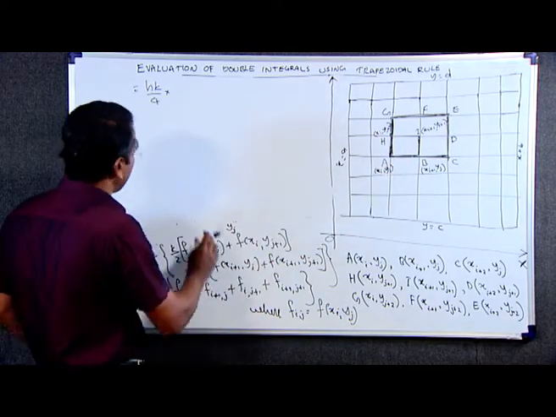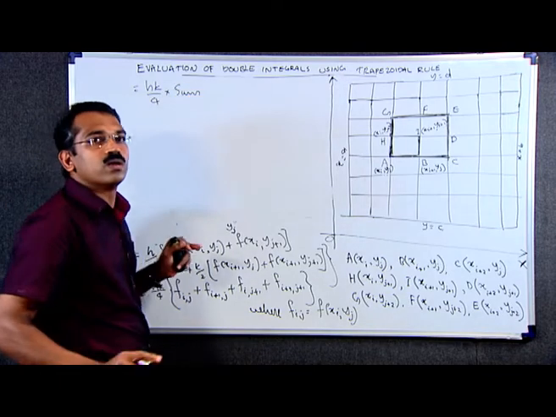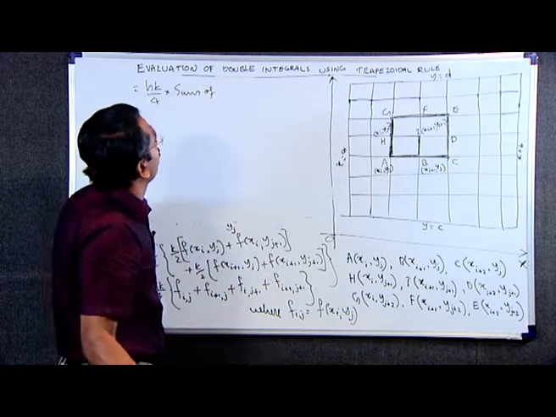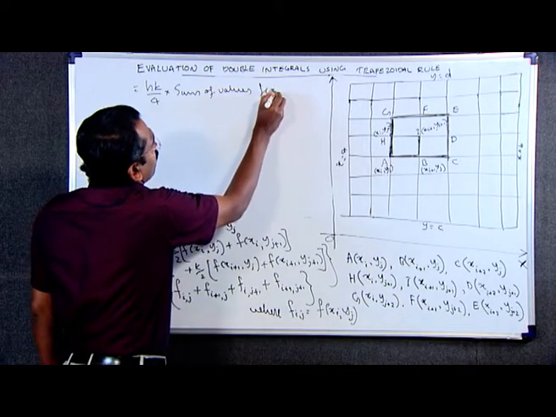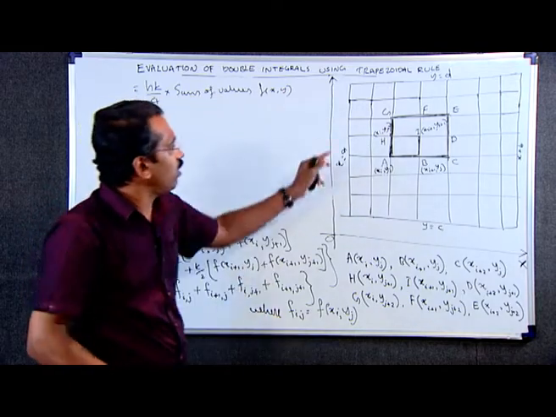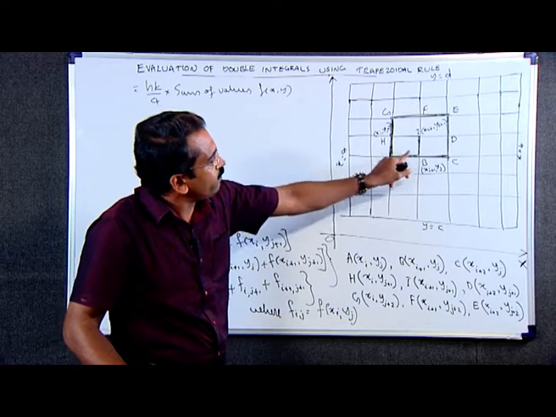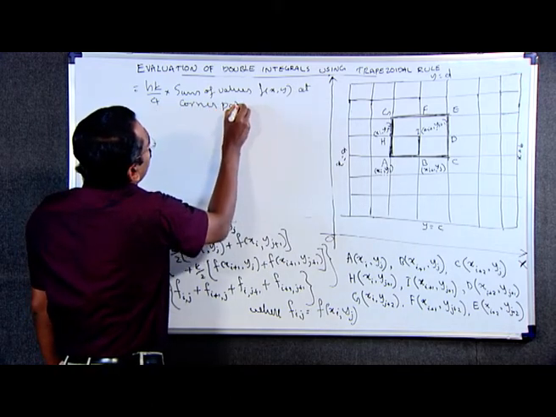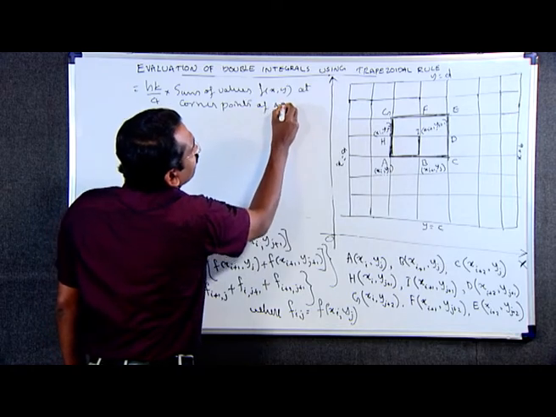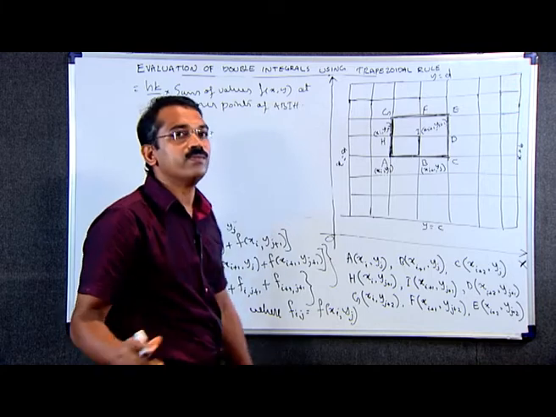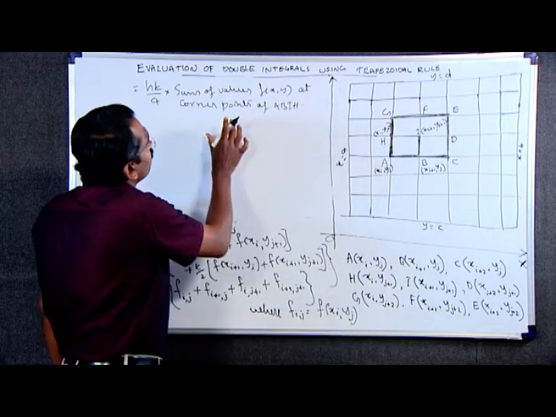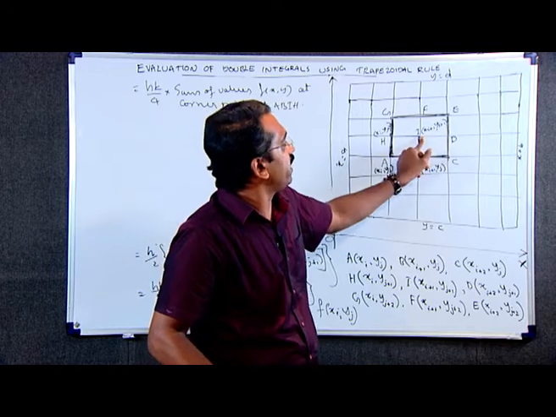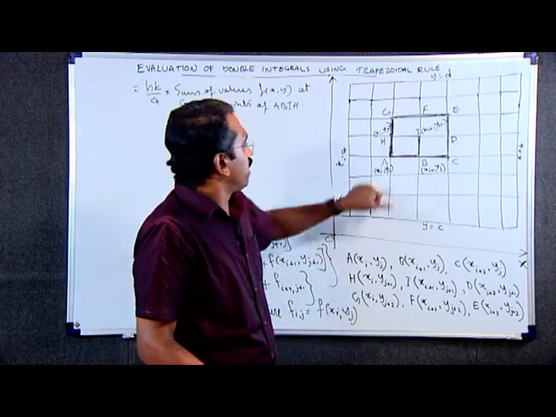Therefore, we can write this sum as the sum of the values of the integrand f of x y at the corner points of the subrectangle A B I H. Now, we evaluate the double integral for this subrectangle B C D I like the previous evaluation.